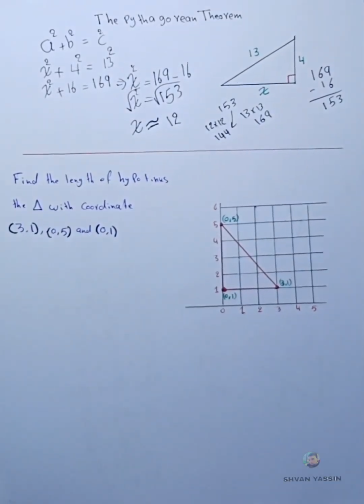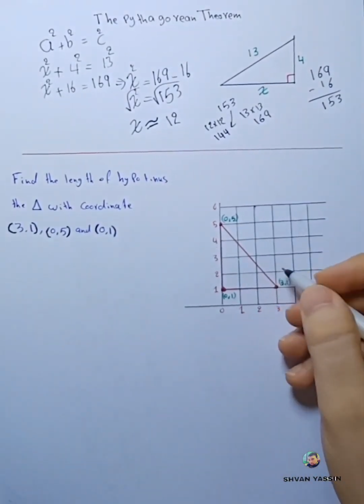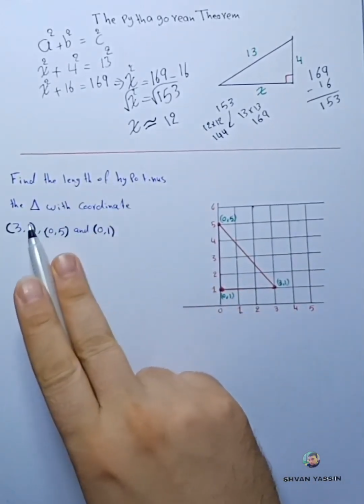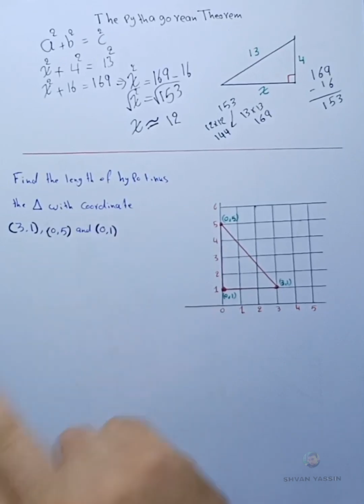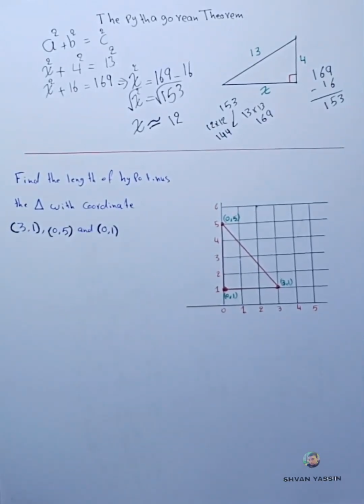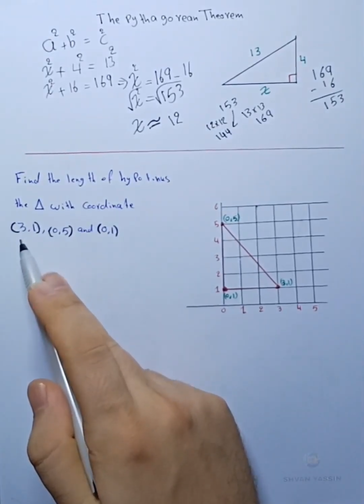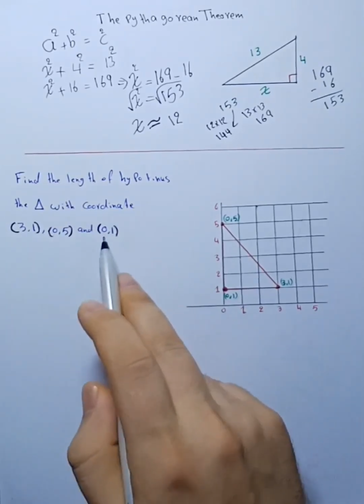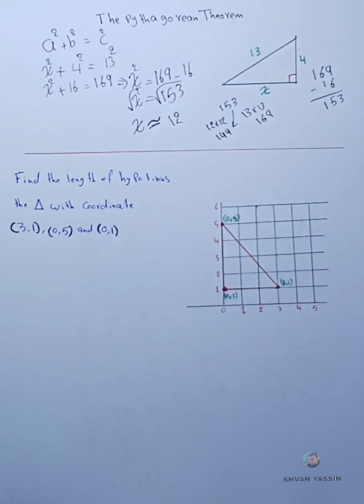After that, we have this example. The example is: find the length of the hypotenuse in the right triangle with these coordinates. We have 3 ordered pairs: (3, 1), (0, 5), and (0, 1).